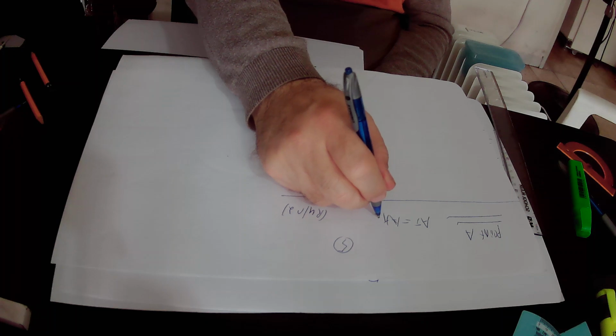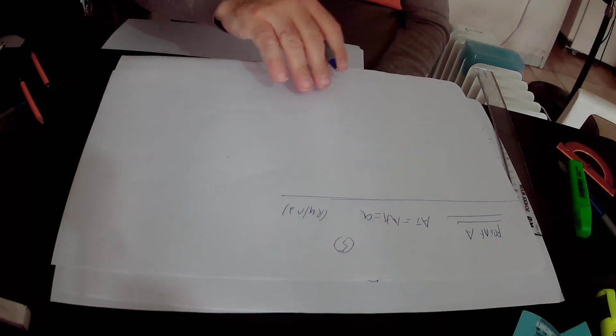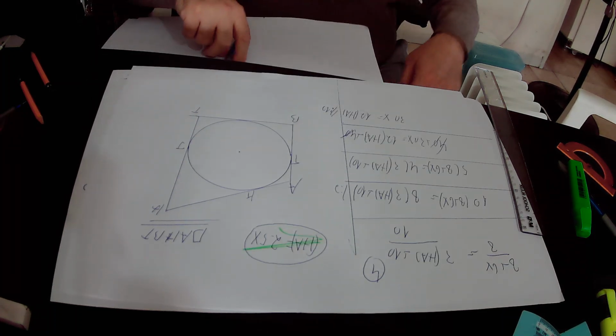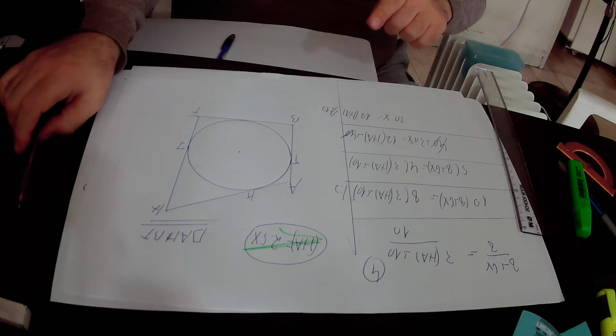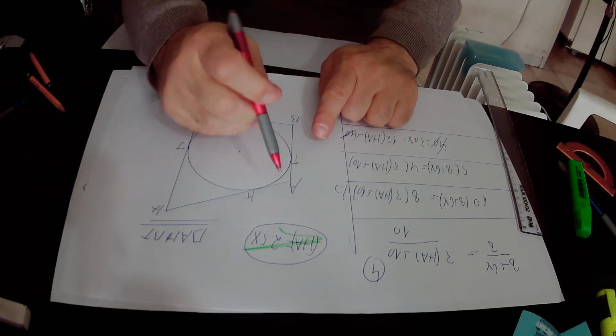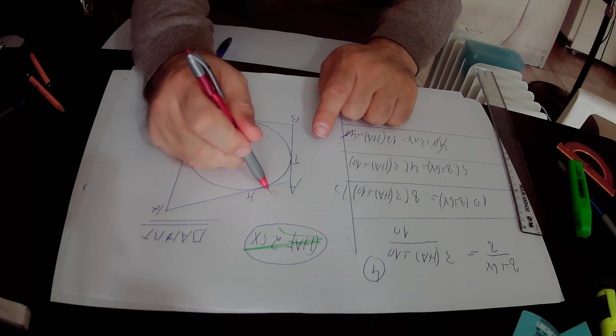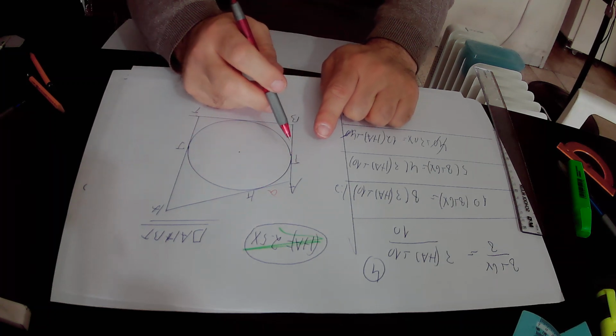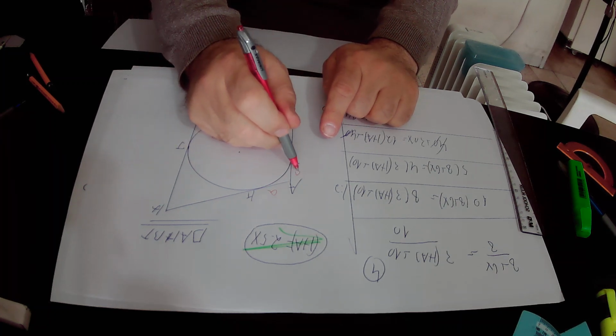If tangent AK equals A units in length, then tangent AT must also equal A units in length.